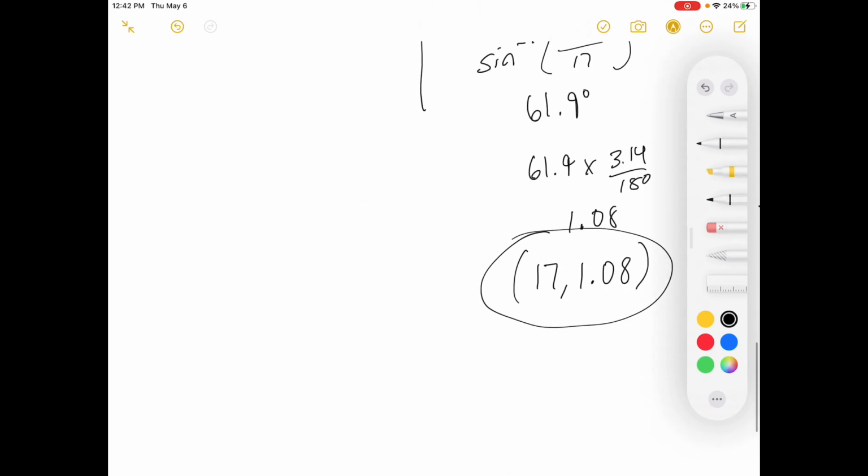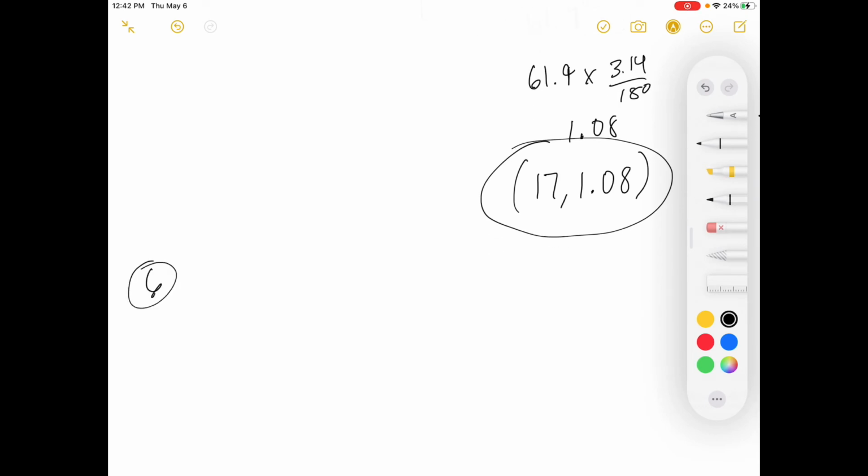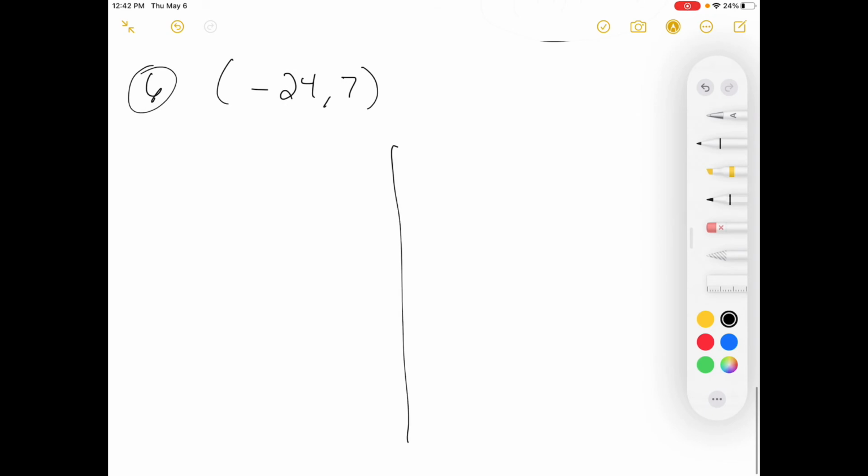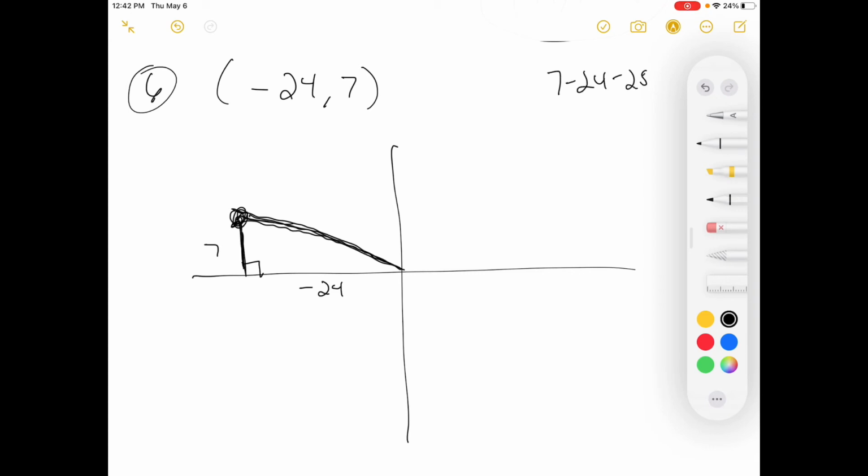All right, let's look at one more like that, but a different quadrant. Let's go negative 24, 7. All right. So if we go negative 24 up 7, we're going to be in the second quadrant. So negative 24, 7, and this is a 7, 24, 25.